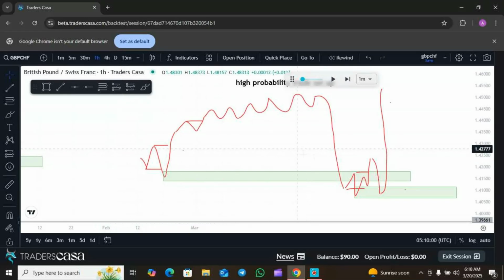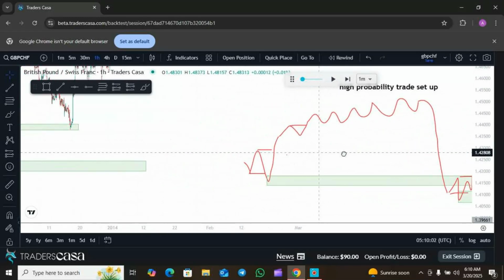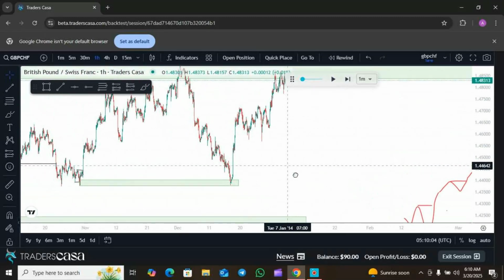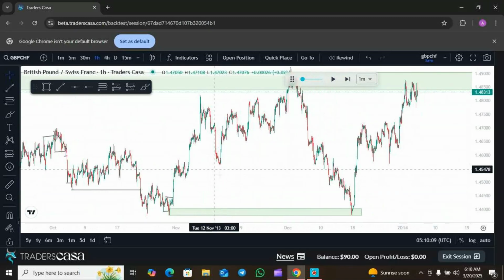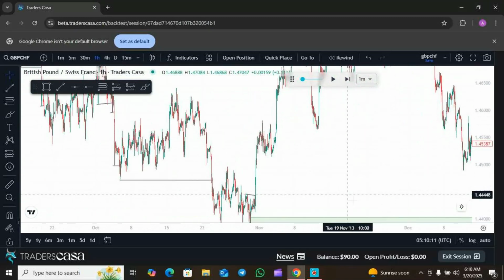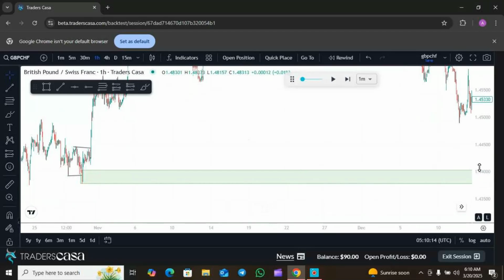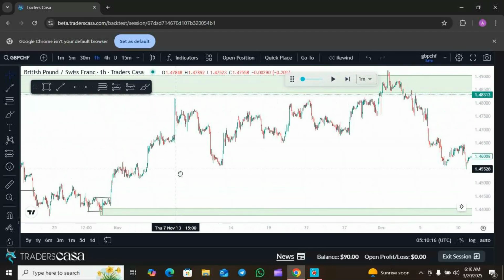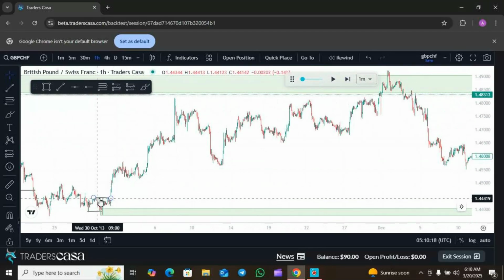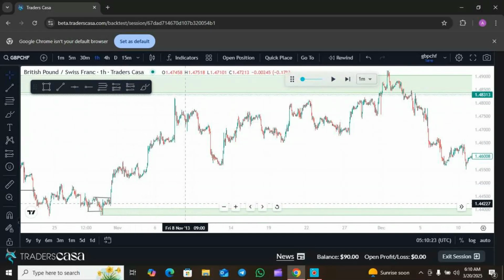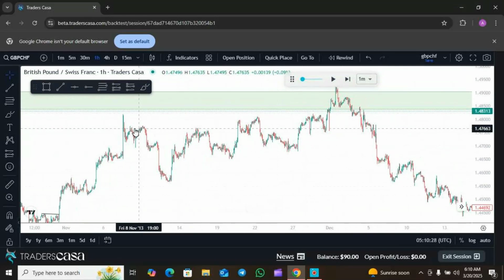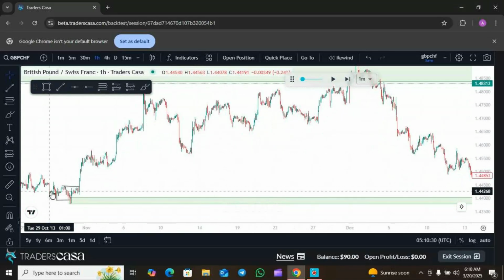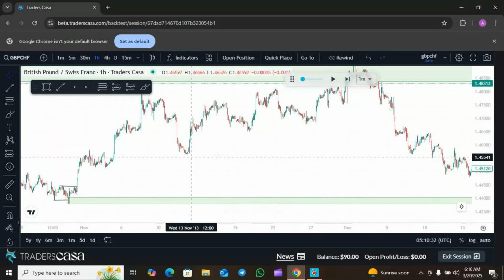So this is it. Now let's go to the chart and I will show you one of the real examples. As you can see here, I have a breaker block right here which comes with a structural liquidity right here. What did price do here?